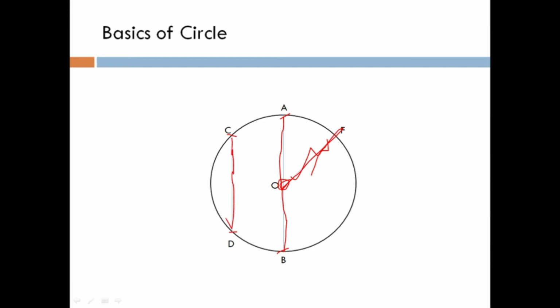Now remember this thing, that a chord does not necessarily pass through the center of the circle, but if you see, diameter is the line which joins 2 points on the circumference, so we can call it the biggest chord of the circle, क्योंकि diameter से ज़्यादा कुछ हो भी नहीं सकता in a circle, right? Length of a diameter is the largest.